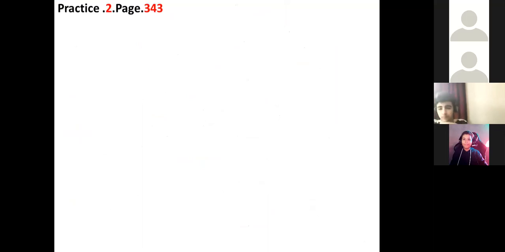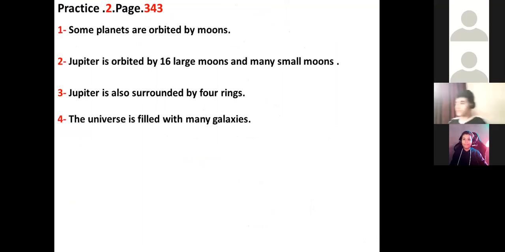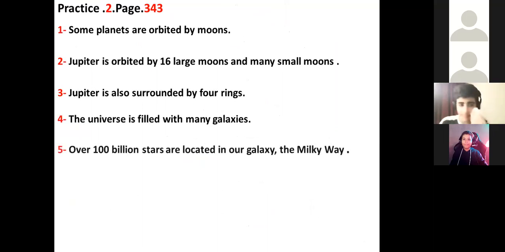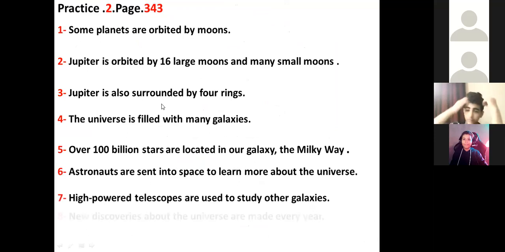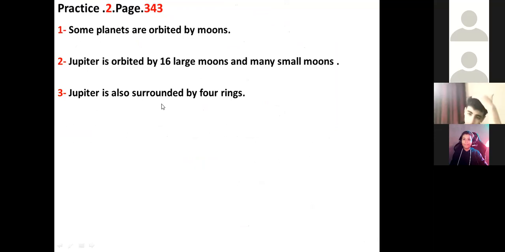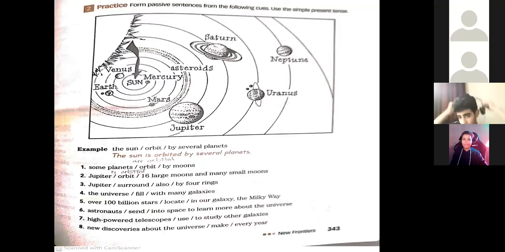Okay, we can write the answer quickly. Just write the verb to be plus the past participle. Don't write all the sentence. Underline for this part, as I wrote here above the verb orbit. We can write are orbited. Do the same as you did.